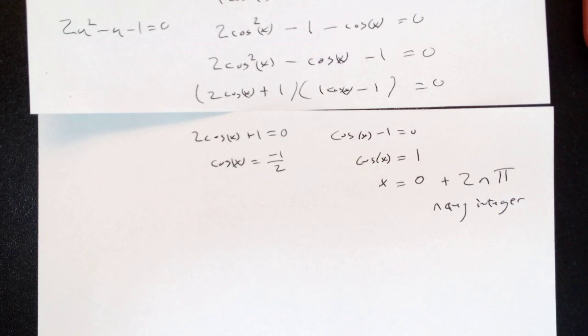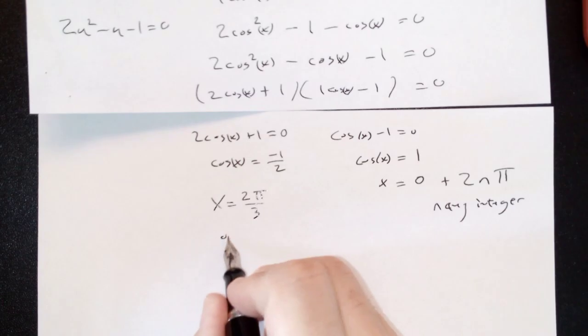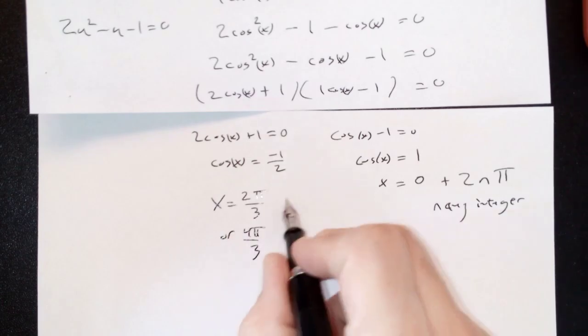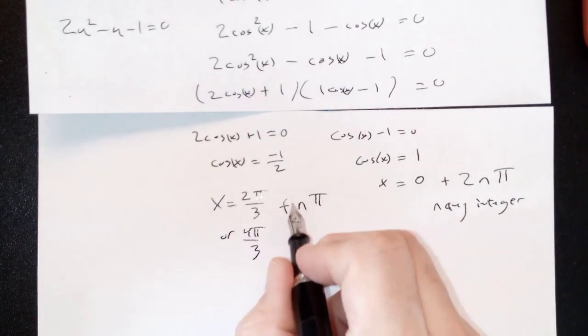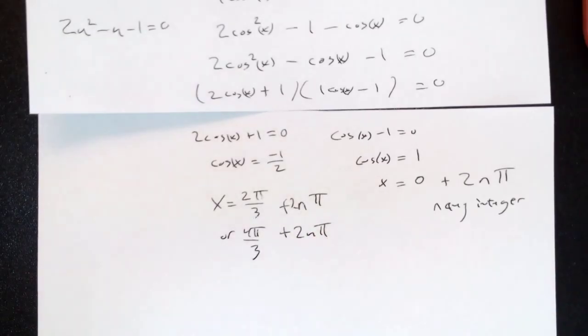I'm in the third quadrant. 4 pi/3. Plus any multiple of 2 pi, because I can keep going around the circle as often as you want.